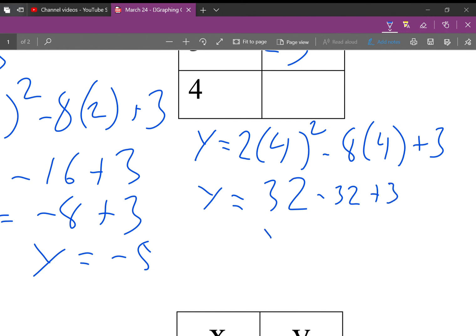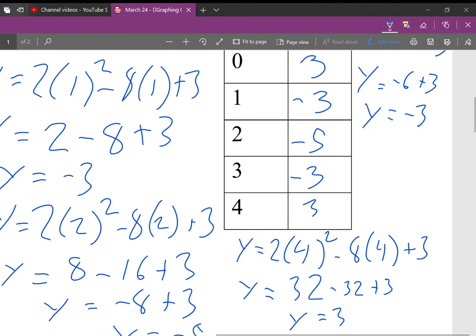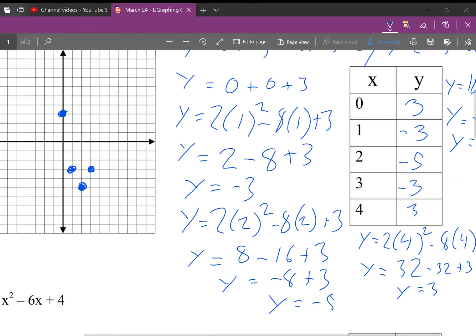The 32's cancel to give me y equals 3. So my last y value is 3. And that means my last point is the point 4, 3. If I count that out from the origin, 1, 2, 3, 4 over, and 3 up, I get something like this. And again, we see this symmetry in the table and the symmetry in the graph.